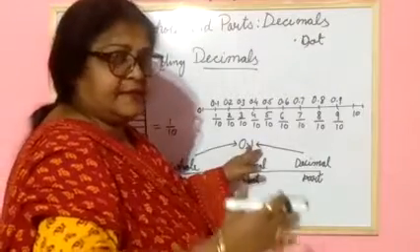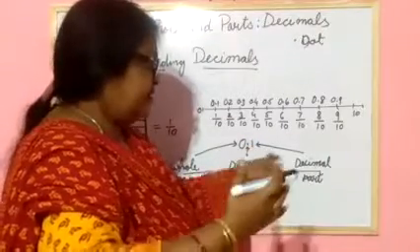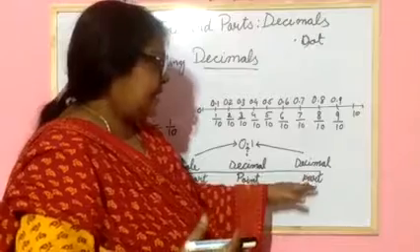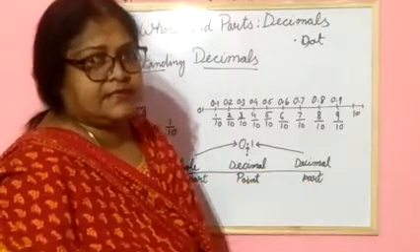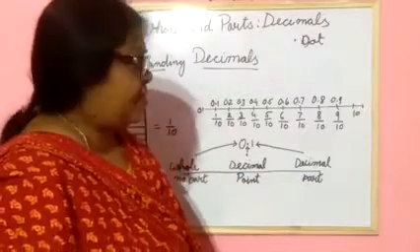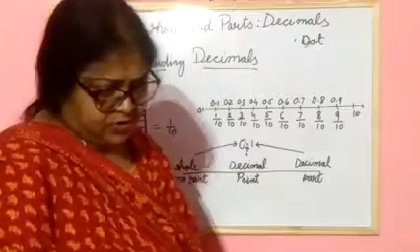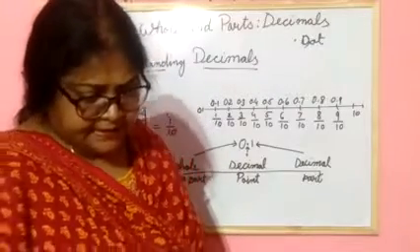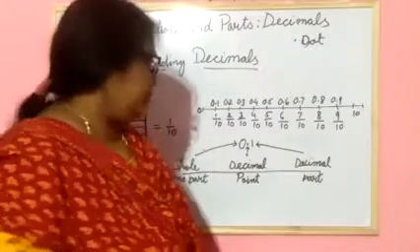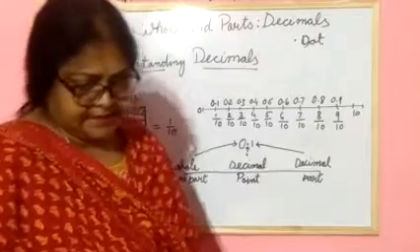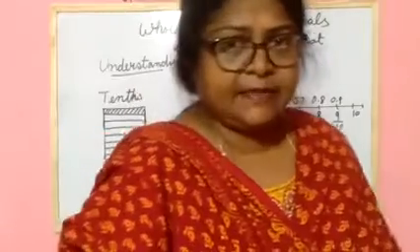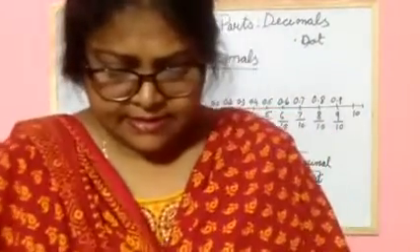After the decimal, that means the right side of the decimal, whatever is written there, you can call the decimal part. That is called the decimal point. Now it is clear to you all, the dot in a decimal number is called the decimal point. Okay, is it clear?